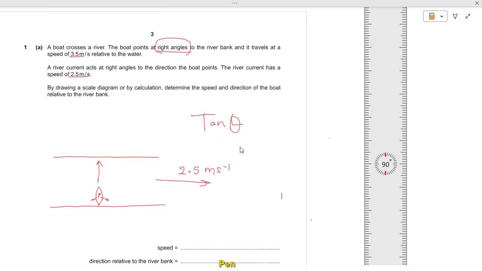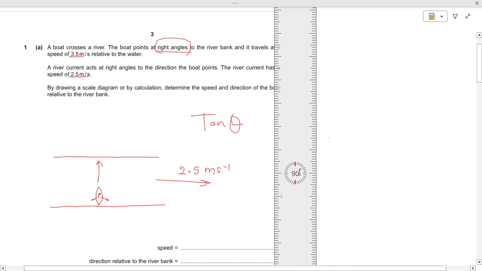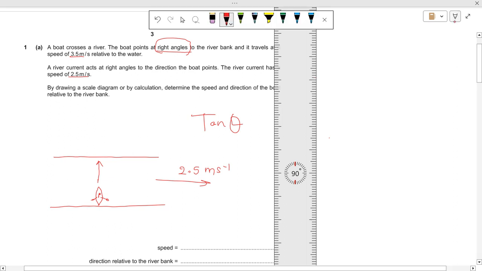So I'm using the ruler in Microsoft OneNote. Guys, I'm using green color for the boat's speed, which is 3.5.